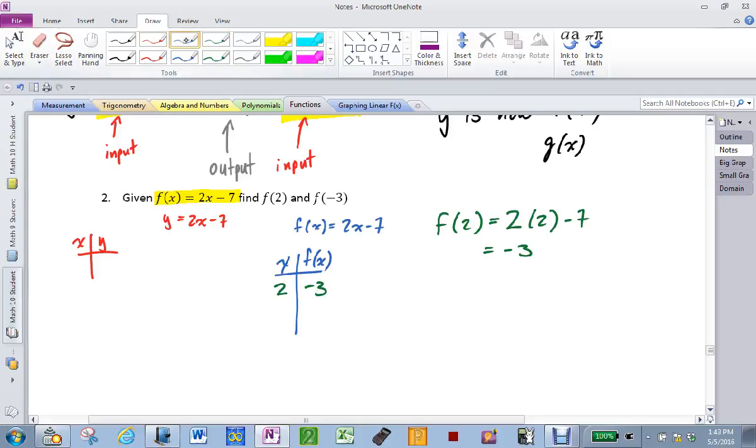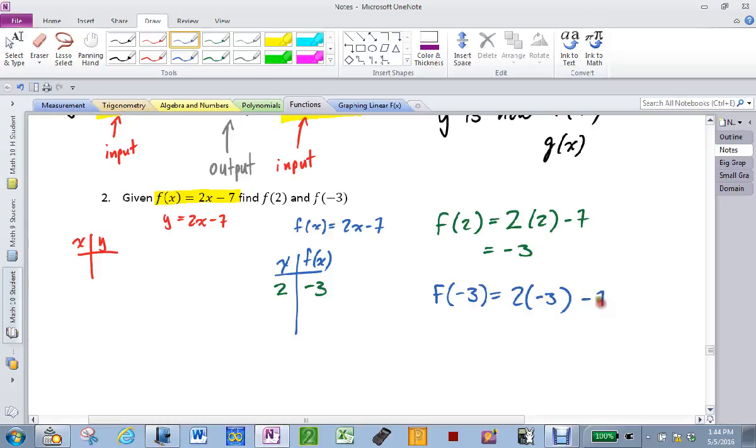So now you do the second one. The f of what? -3. X is now -3, so what do I write instead of x in my equation? -3, because the x has become -3. This was an x, so I write -3.